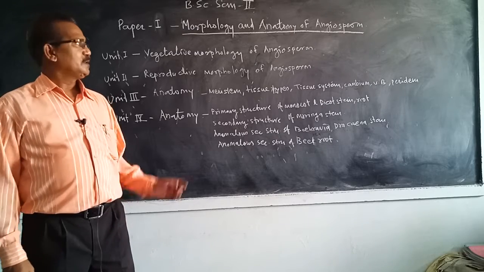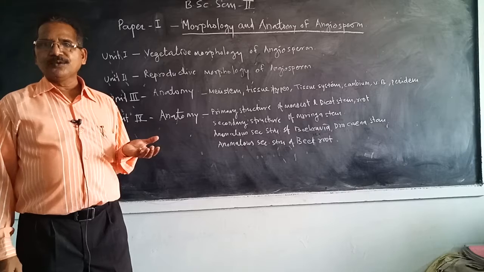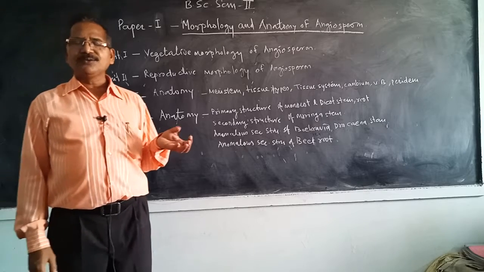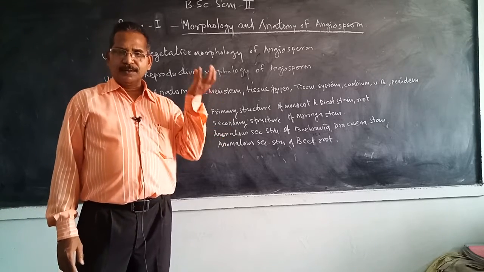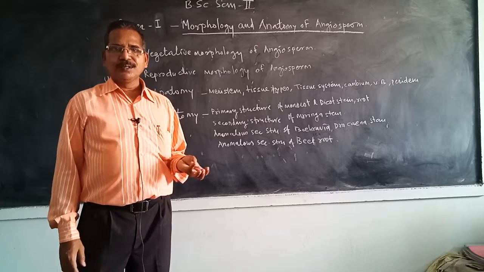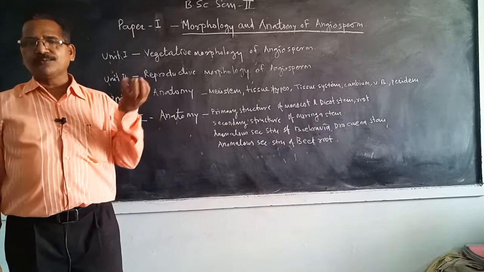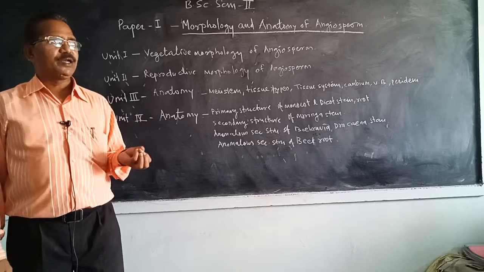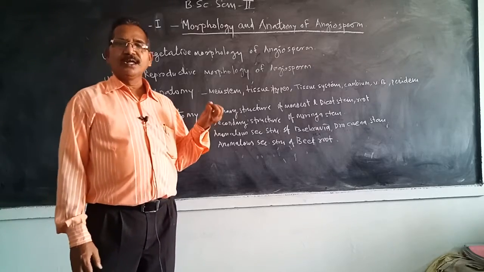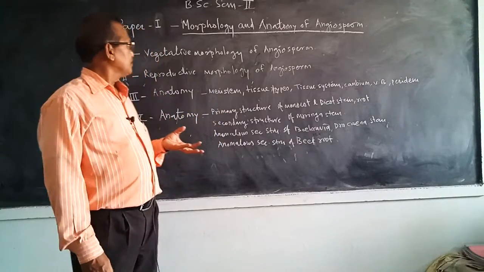Then modification of root, modification of taproot as well as the modification of adventitious root. That means the modification for storage of food material, for respiration or for symbiotic association.